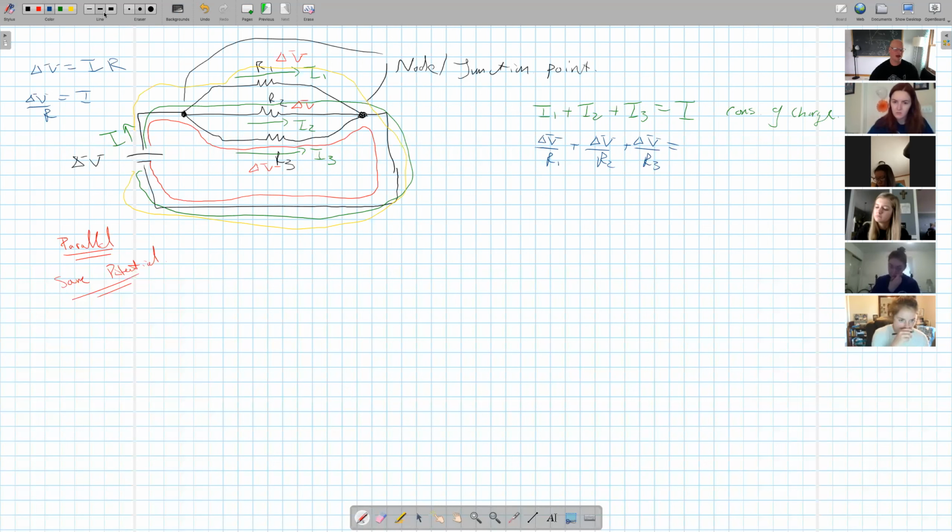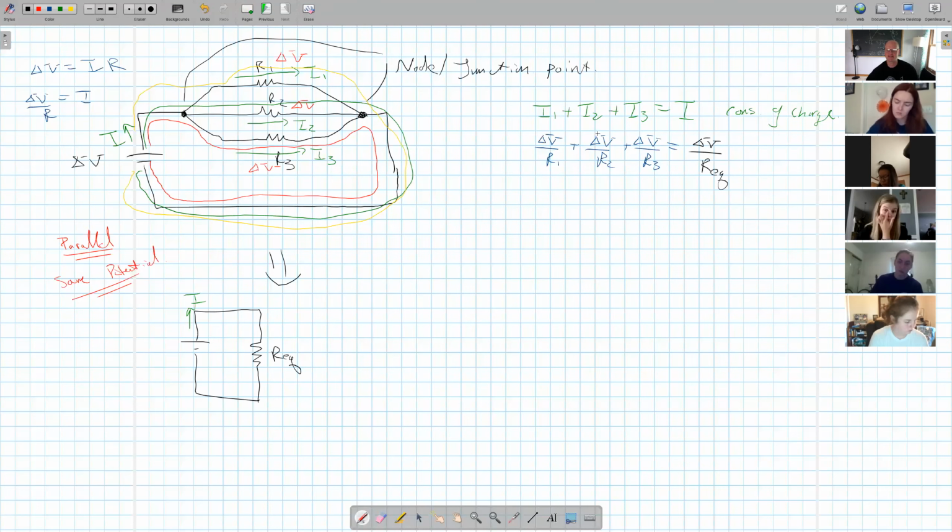And our claim is that we're going to collapse all of this down to create one equivalent resistor, which again we're going to call REQ, which again has the same amount of current which is coming out in this direction. Okay. So here, we can now say that the current is going to be equal to the change of potential divided by the resistance, REQ. Okay, this is our claim.